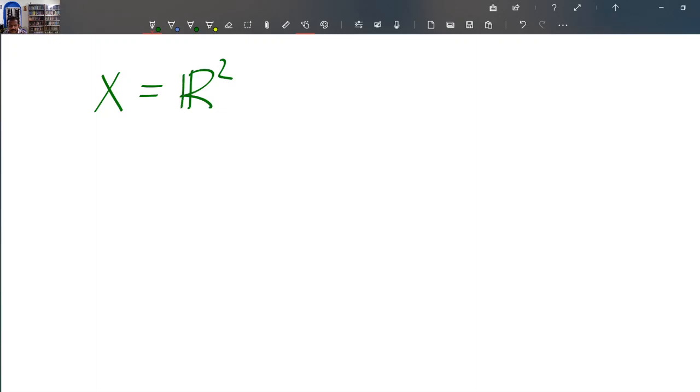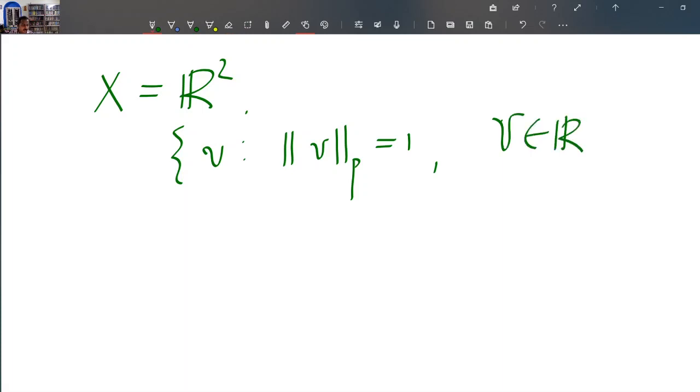Instead of taking K^n, you are taking R^2, and you consider the set of all v in R^2 such that the p norm of v is equal to 1, for p equal to 1, 2, 3, 4, etc., and infinity.